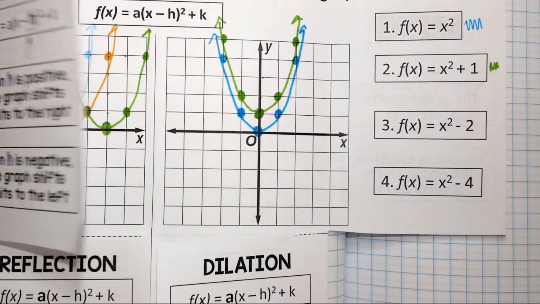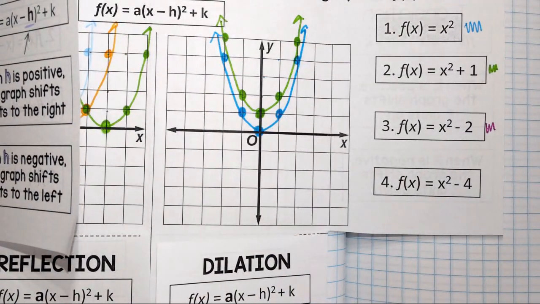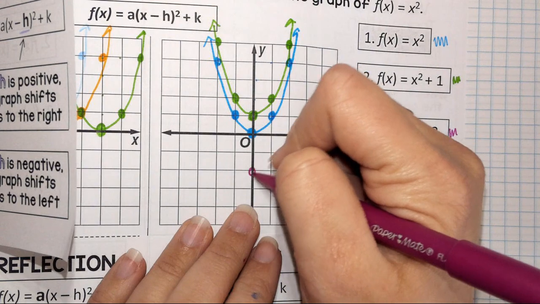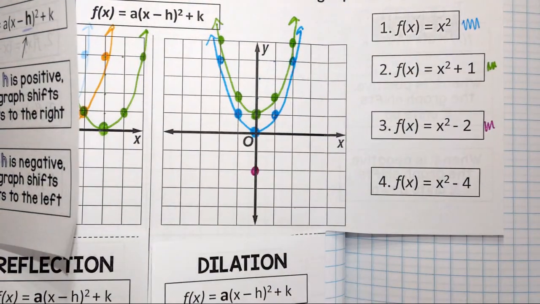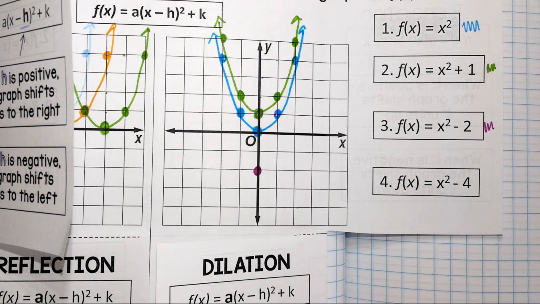All right, number 3. Did they give us H or K? They gave us K. Am I going to go up 2 or down 2? Down 2. And then Jackson, can you tell us what to do from the vertex?